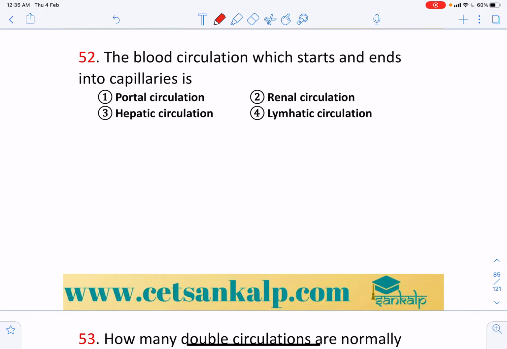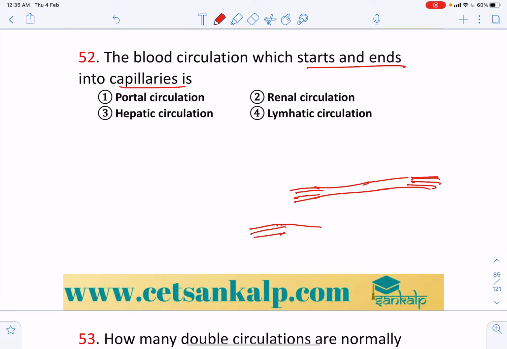Next, the blood circulation which starts and ends in capillaries. What is the meaning of that? It starts from the capillaries, joins to form a vein and then a major vein, and ends with capillaries.